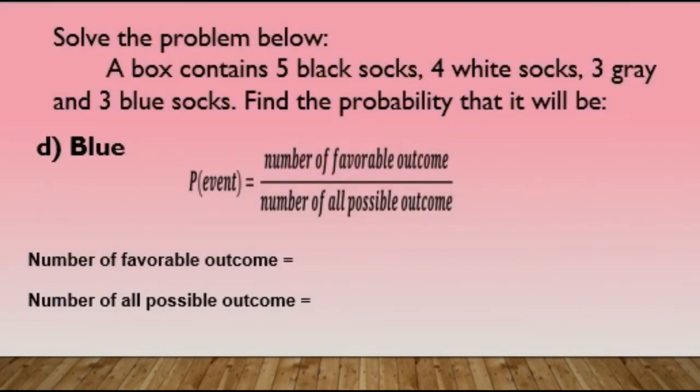Next, the probability that it will be blue. So for the number of favorable outcomes, we have 3 blue socks, so that is 3. And the total number of socks, or all possible outcomes, is 15. So P of blue is equal to 3 over 15. Reduce it into lowest terms. So P of blue is equal to 1/5.